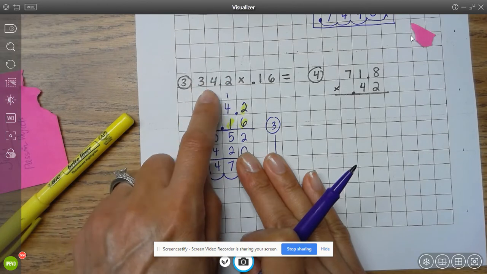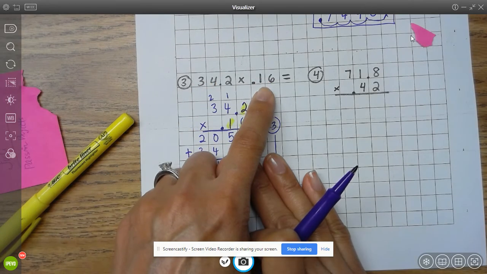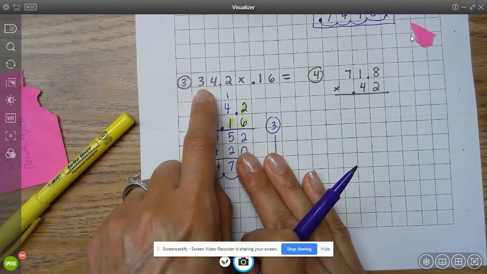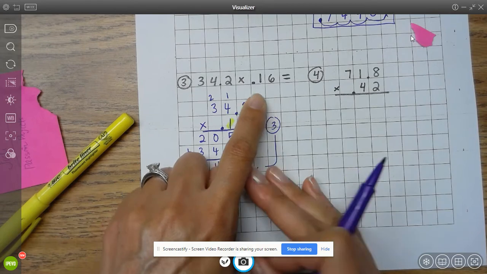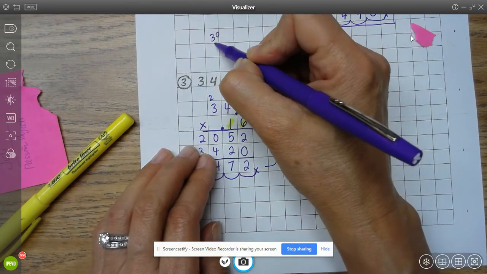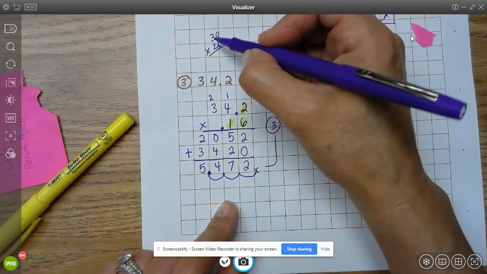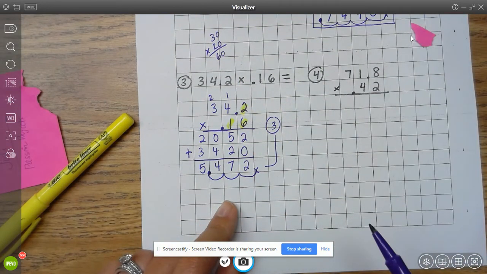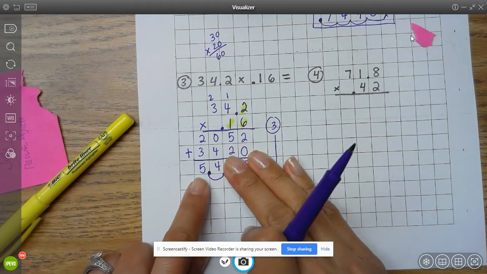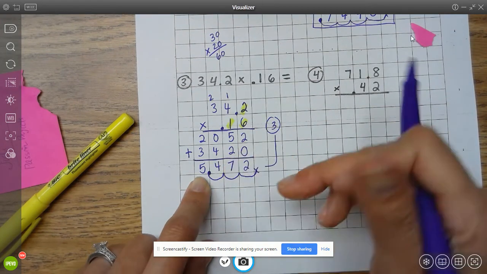I could even round it down to a nice even 30. Okay, 16, I could round that up to a 20. What is 30 times 20? Mental math, I can do that. I can even write it out if I'm not great at mental math, right? What is 30 times 20? It's about 60, okay?